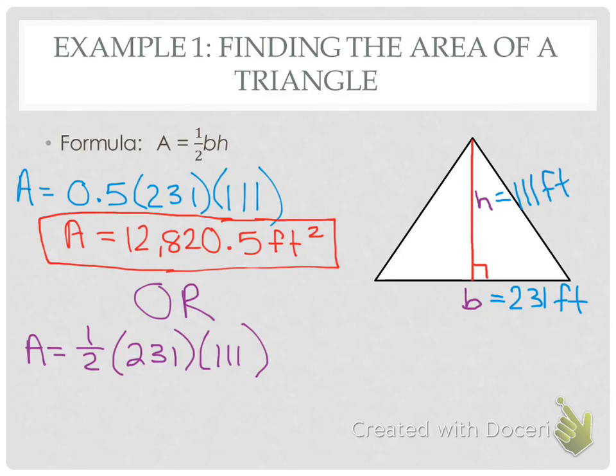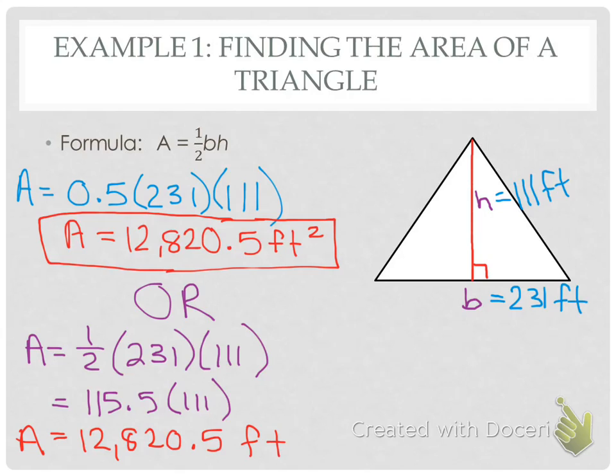Okay, so you do 231 divided by 2, and you get 115.5. And you multiply that by 111, and guess what? You still end up with 12,820.5 feet squared.